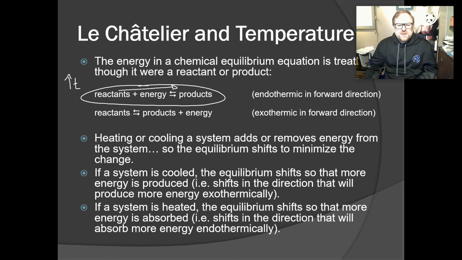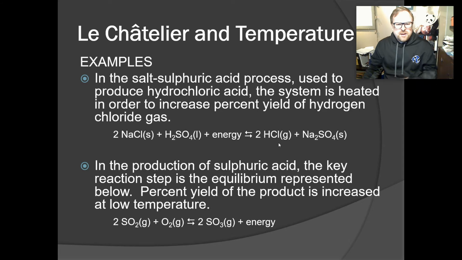Okay, so this is basically what I've explained already here down at the bottom, so I'm not going to go into that too much more deeply. But let's just look at a couple of quick examples. In a salt sulfuric acid process used to produce hydrochloric acid, the system is heated in order to increase the percent yield of the hydrogen chloride gas. So if this is our reaction, notice we've plugged energy in there.